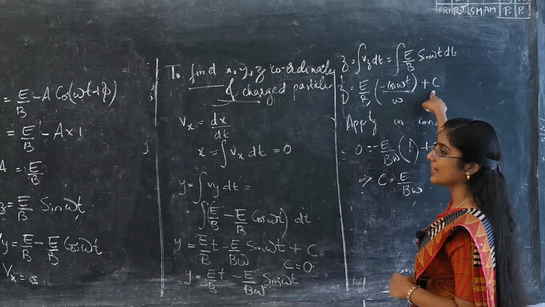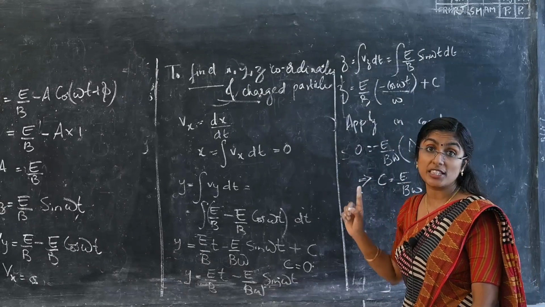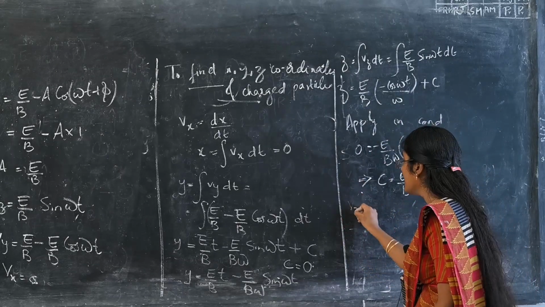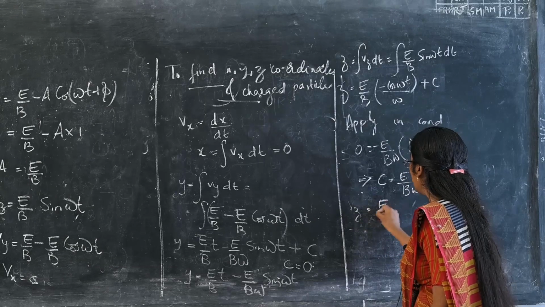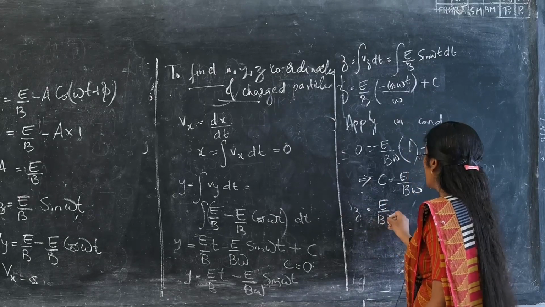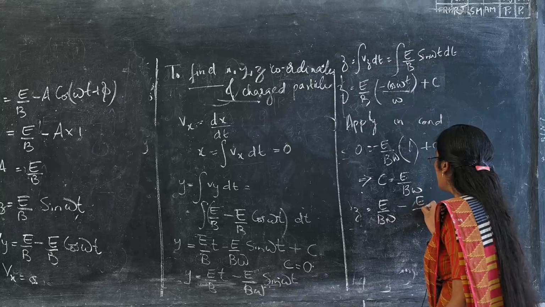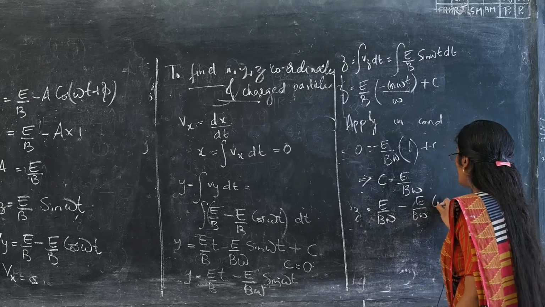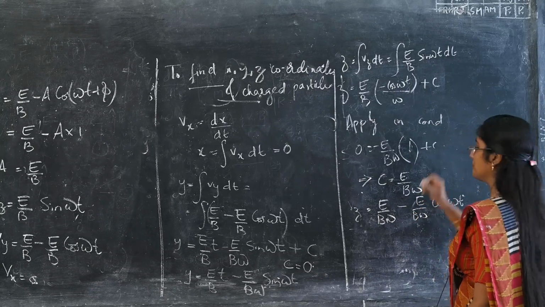So I substitute it here, so that I get the precise equation for z. Z is equal to E by B omega minus E by B omega cos omega t.